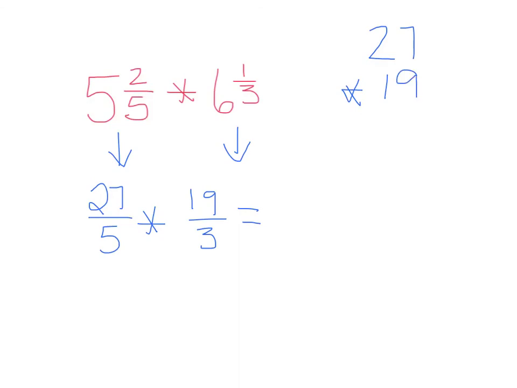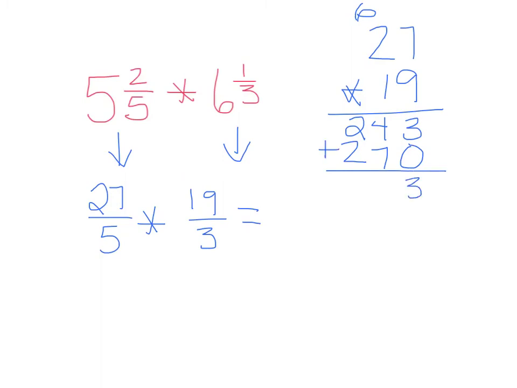And I think I'll show you traditional multiplication for this. Ooh, we're going to end up with a pretty big number here. So I end up with 513/15. That's pretty big.